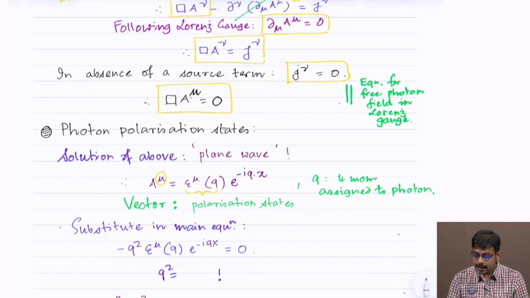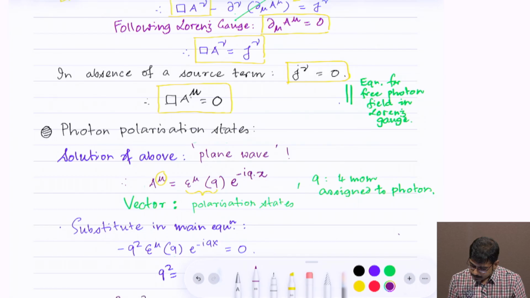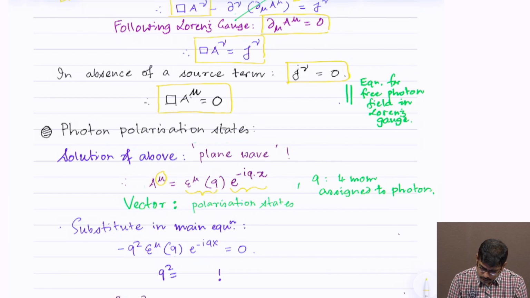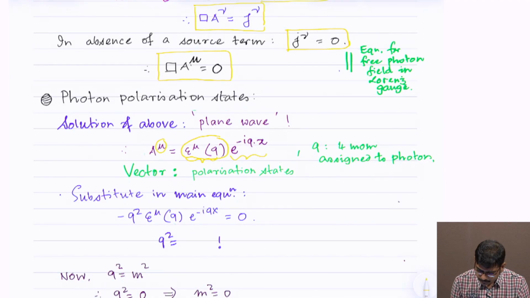So this e to the power minus i q dot x takes into account that it is a plane wave solution, and the fact that A^μ is a vector field, which carries a Lorentz index by itself, is dumped into this quantity ε^μ(q), and this is what is referred to as the polarization states.